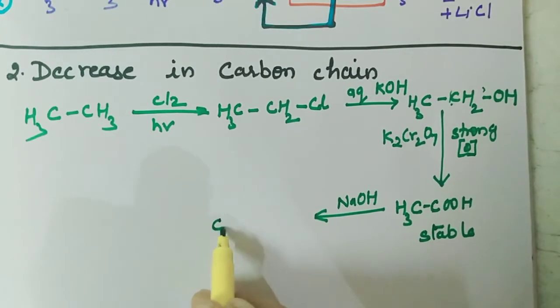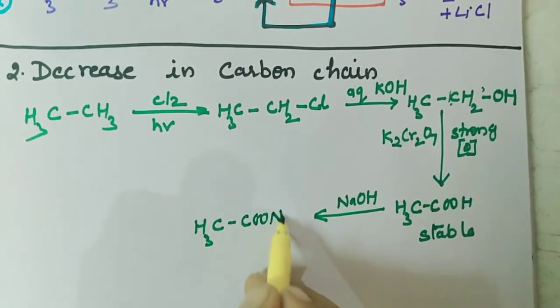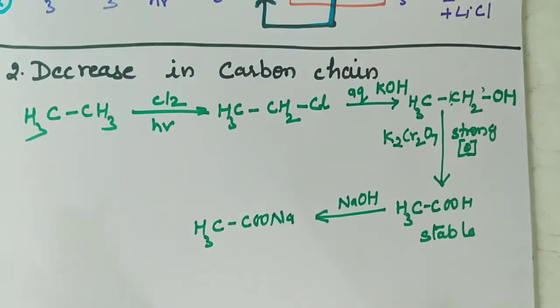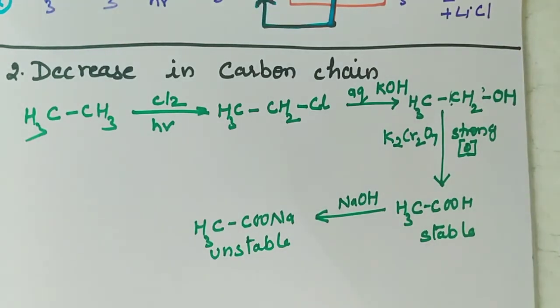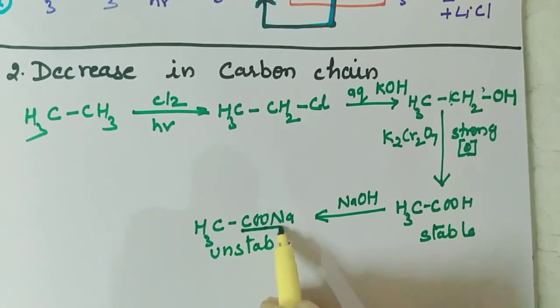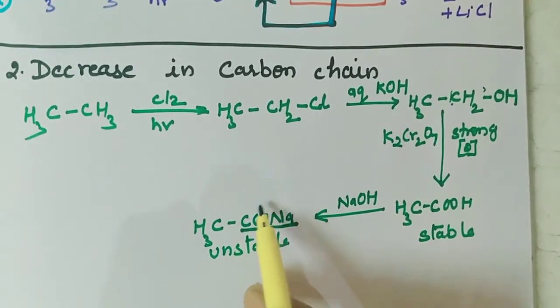So now this is here CH3COONa. Sodium acetate is an unstable compound. Now see, अब हमको क्या करना है? Our aim is to remove this C complete. हमको इस पूरे को remove करना है.